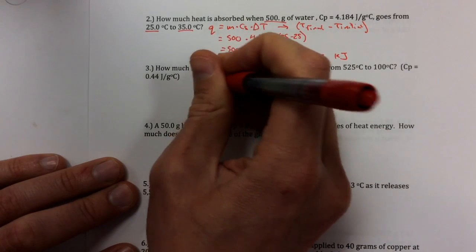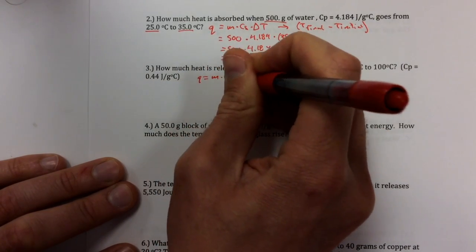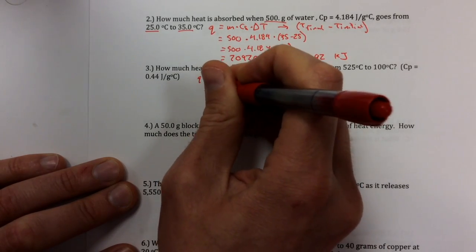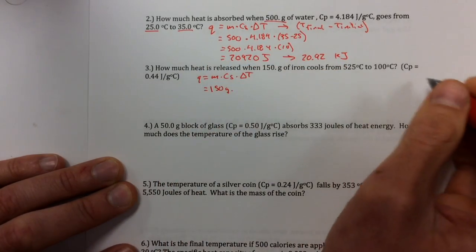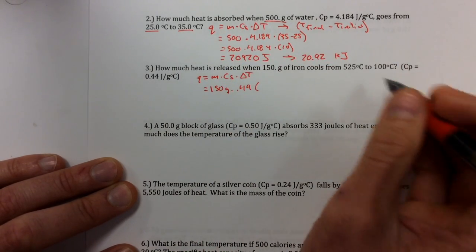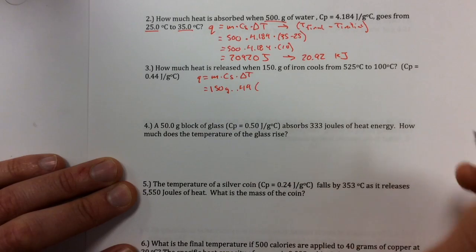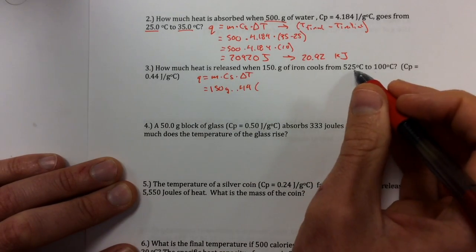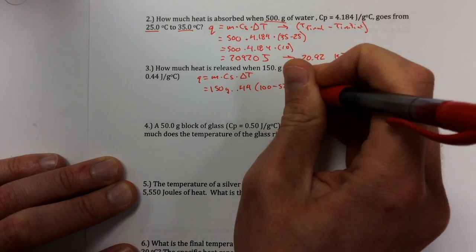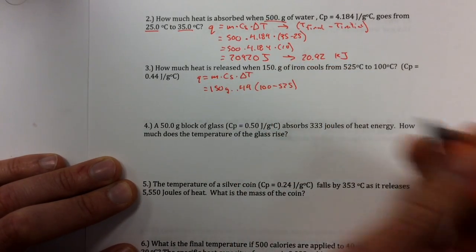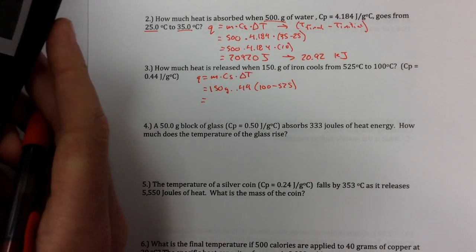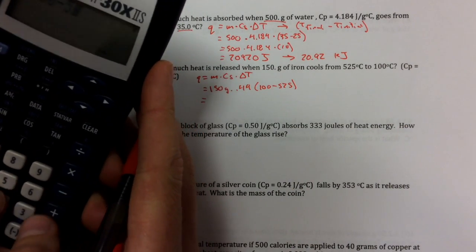Same equation: Q is equal to M times CS times delta T. I have 150 grams times specific heat of 0.44, and now it cools from this temperature to this one. So it's 100 minus, look how wicked hot it starts, 525.